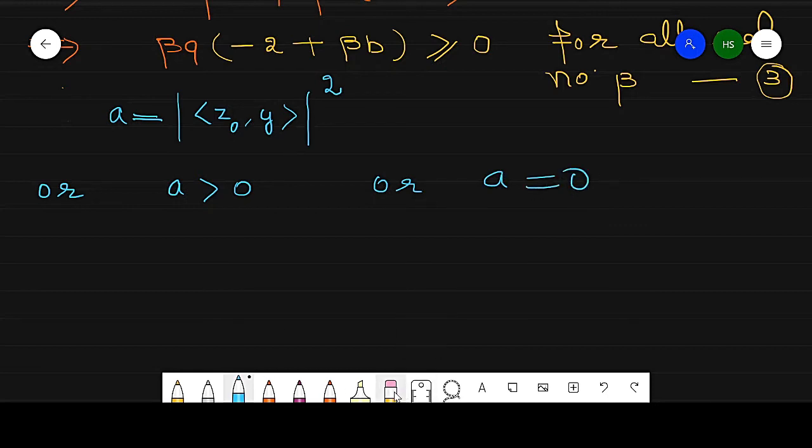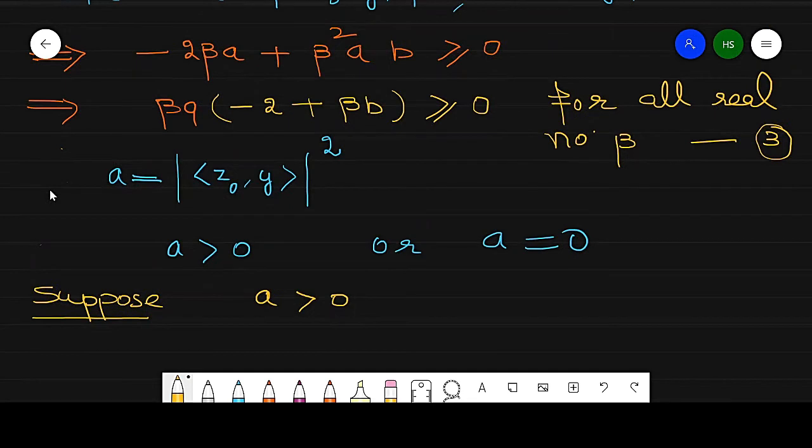If it is a positive number, then it has two possibilities, either A greater than 0 or A equal to 0. So suppose A is some positive number in this equation.